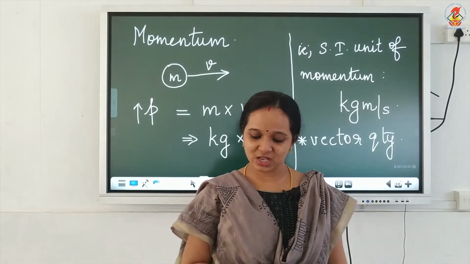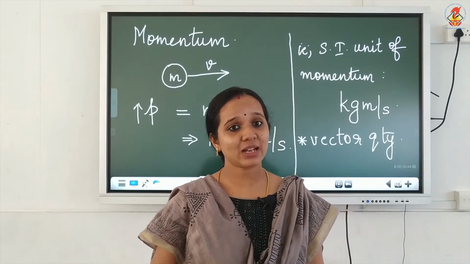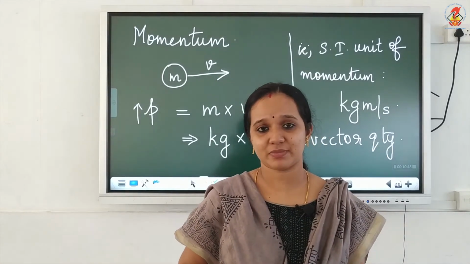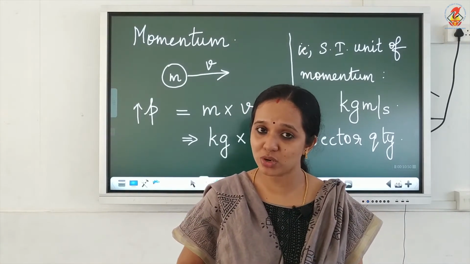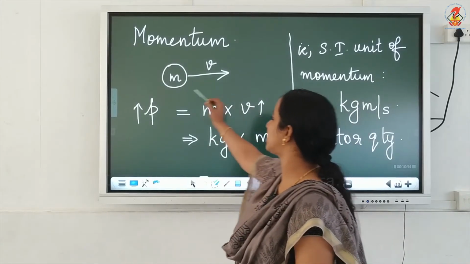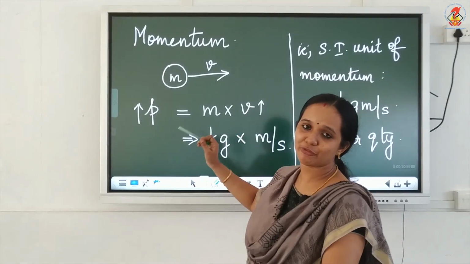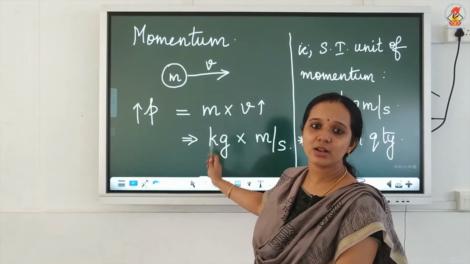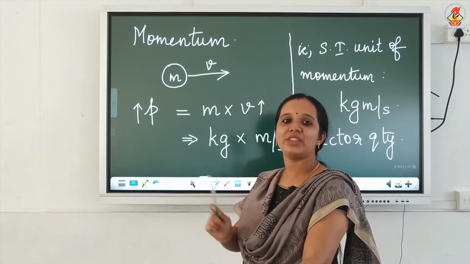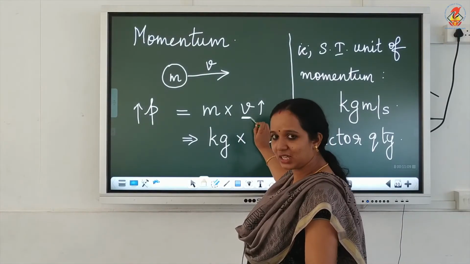Now, as we have discussed in the earlier class, an unbalanced force can change velocity, which in turn changes momentum. So, if we apply an unbalanced force onto an object, that force will change velocity.